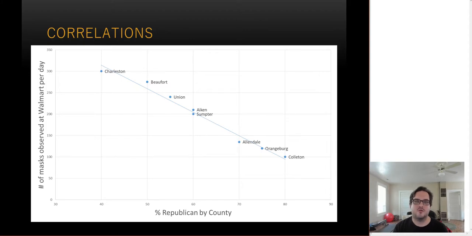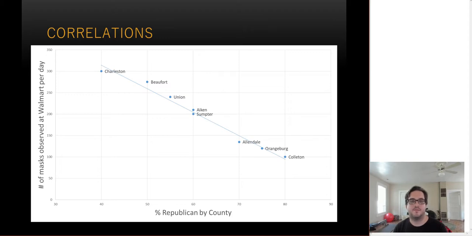And you can see that I drew a line here, this dotted line in the center. This is the line that you would get from calculating a correlation. You want to see the strength of the relationship between our two variables. And this line right here is evidence that there is one. Well, what you're seeing is that as the percentage of Republicans increases per county, the number of masks observed goes down.